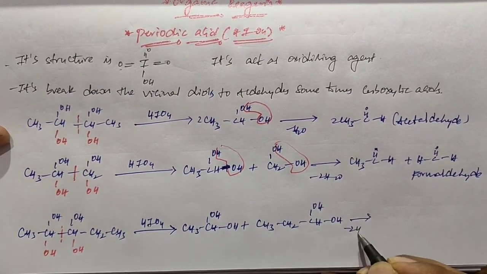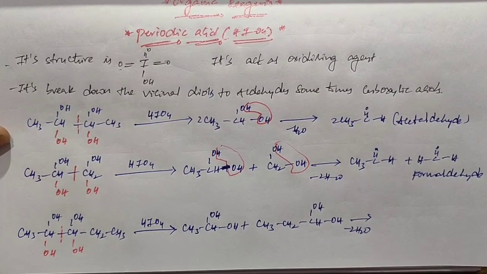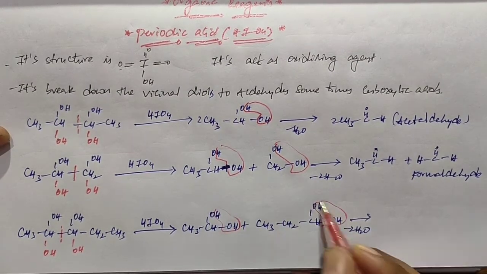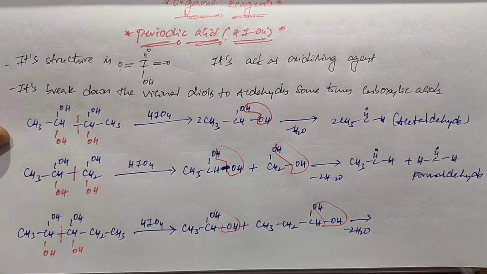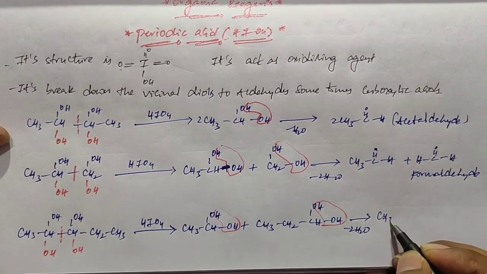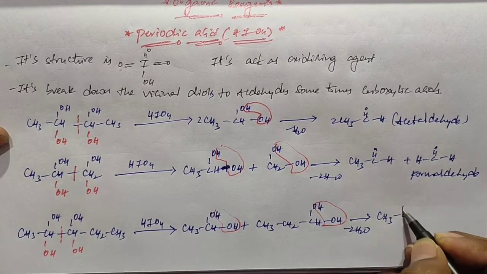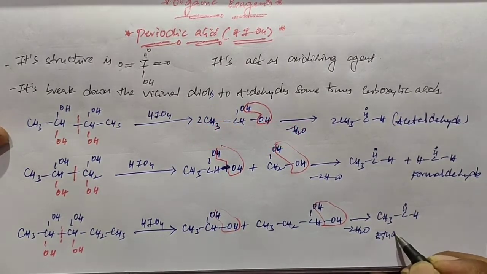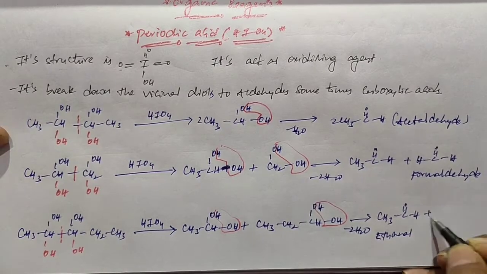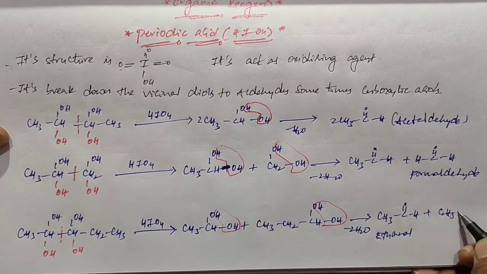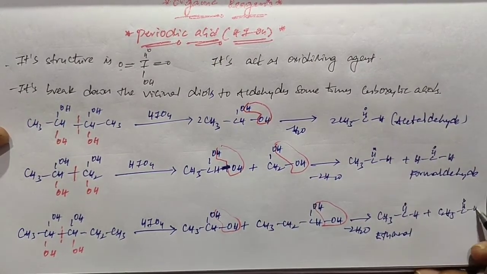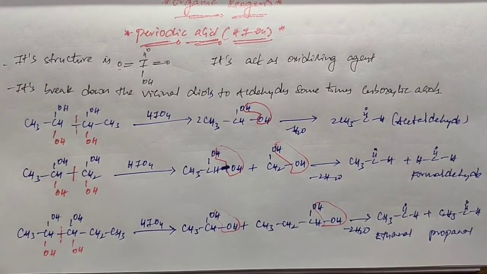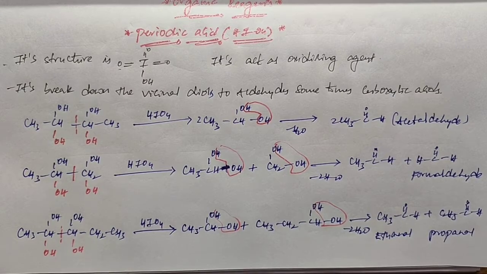After that, by removing water molecules, one water molecule can be removed here and one water molecule can be removed here. The final compounds you get are ethanal and another one is propanal. So this is the way of conversion.